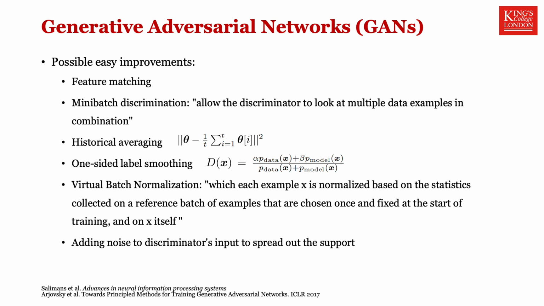You can do label smoothing, where you are allowing for some of the predictions of the model and the data, in this case the discriminator behavior, to be less strict in situations where the discriminator might make a very strong prediction, saying this data, for example, is absolutely realistic ground truth data, but in reality it's false.